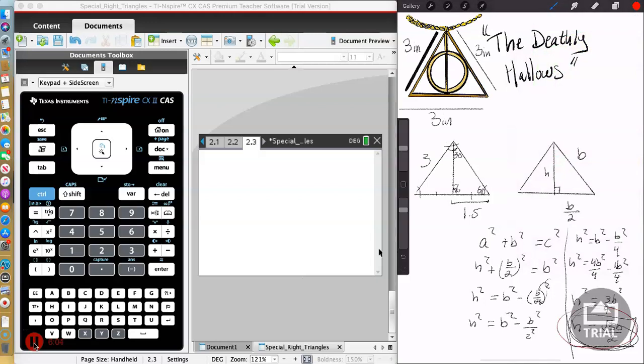Well, it means that this height is being multiplied by a radical 3 or square root of 3 times the original b over 2. So we know that the relationship here is that this is 2 times to get to there, or this is 1/2 to get to here.